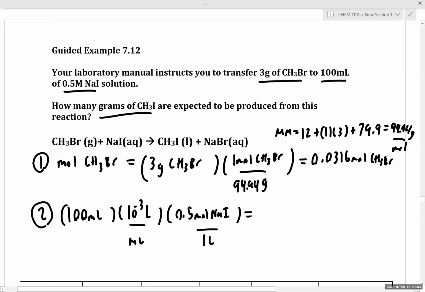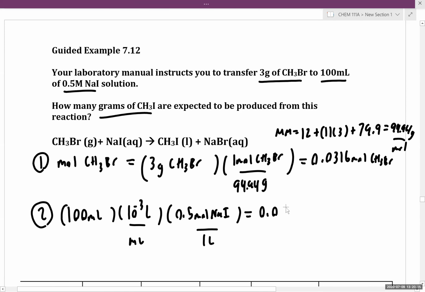And that in turn gives us, one moment, so we have 0.05 moles of sodium iodide.